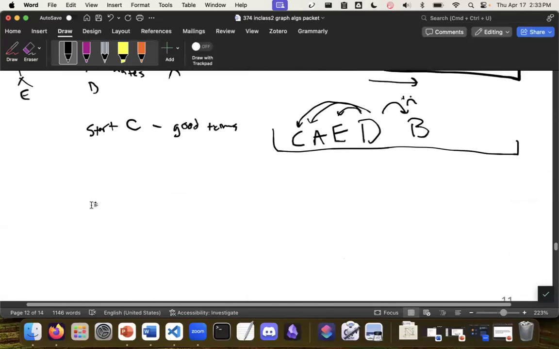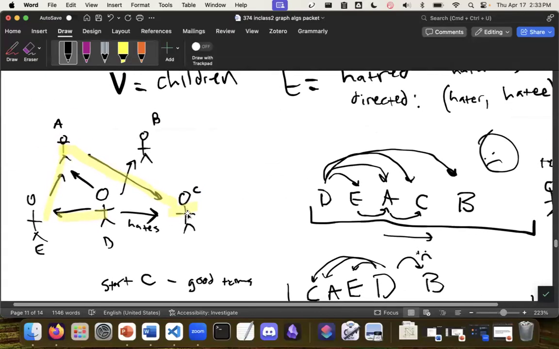So we started with C and we traced it back to D, instead of going A and then D, right?